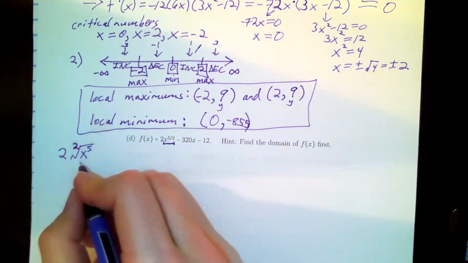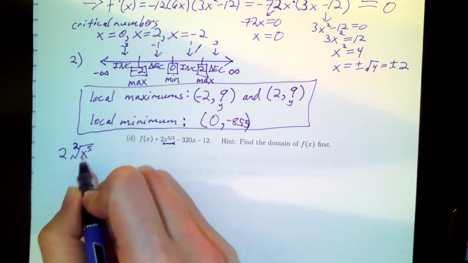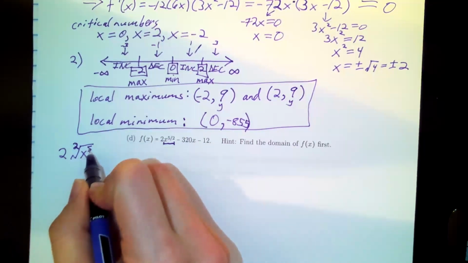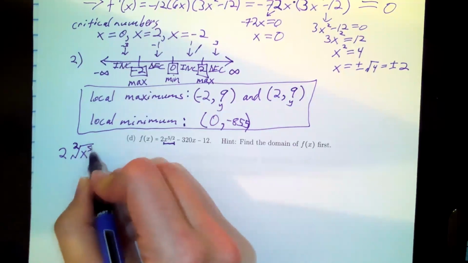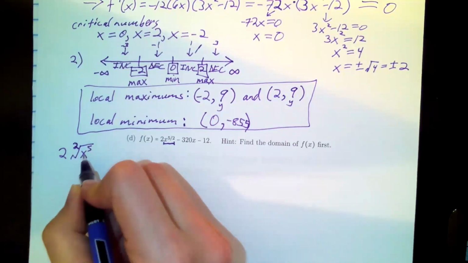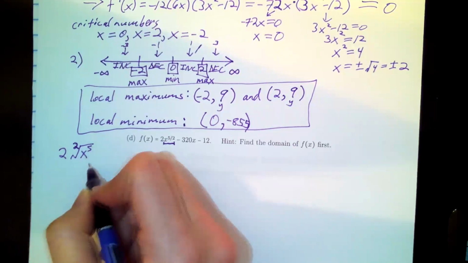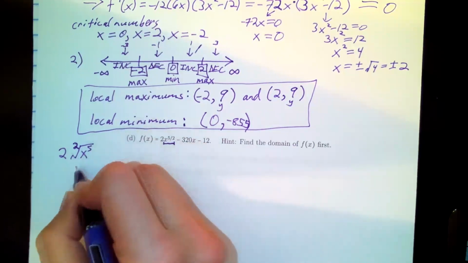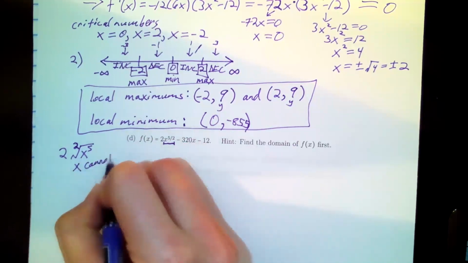So it looks like since I have a 5th power here, if I were to plug in -1, for example, I'd have -1 to the 5th, which is still -1, which then I'd have a square root of a negative number. So because this is an odd power, any negative number I put in here is going to still make it odd after I take the 5th power of it. So it looks like x cannot be any negative number.